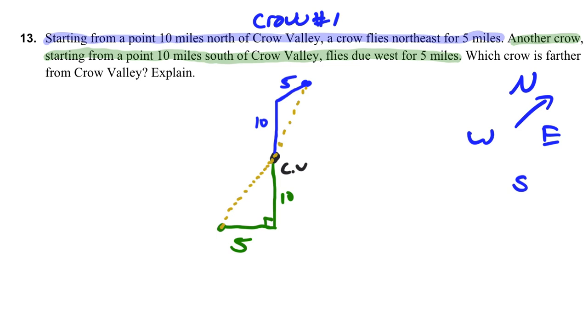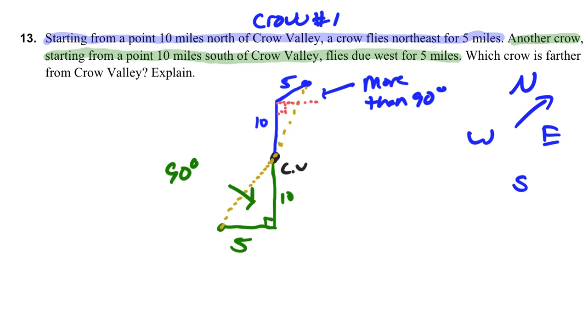Instead of going northeast, what if I went due east? Due east on this top one would have been right here, where this red is. That would have been 90 degrees. So notice what happened is this crow went more than 90 degrees, where crow number 2 went 90 degrees.